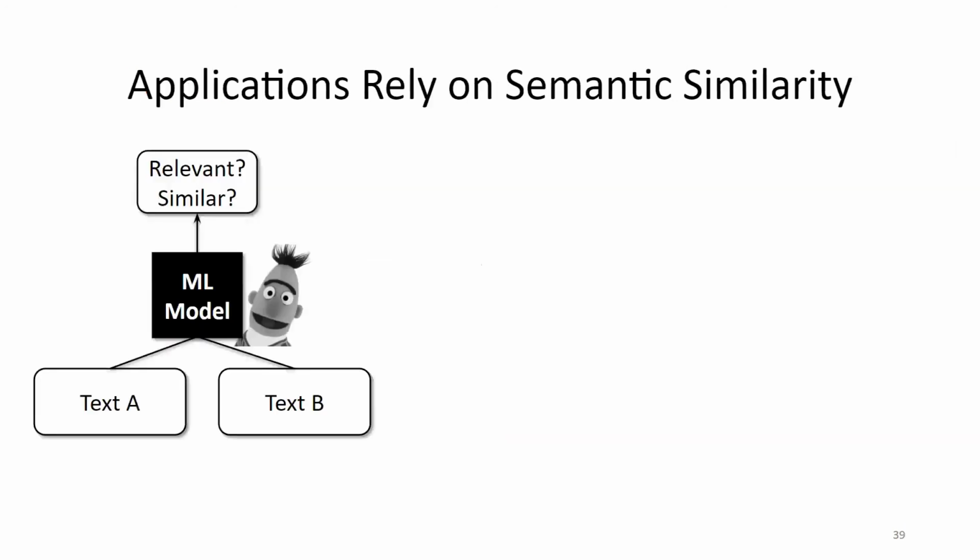In this work, we focused on models for computing semantic similarities. These models usually take a pair of texts as input and output a single score that tells if the two texts are semantically similar or relevant. These models have wide applications in many services.